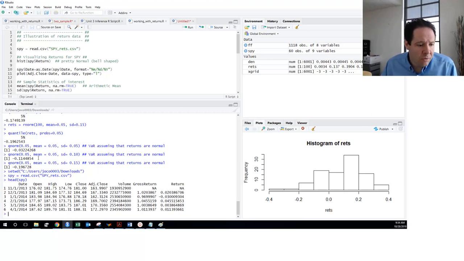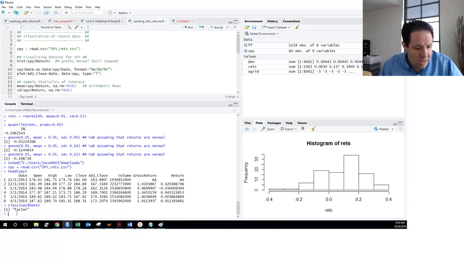Now, you'll notice the date. We look at date. That's stored as a factor. That's not going to plot very nicely. So we need to convert the date field into the right format. You can see here, it's month slash day slash 4-digit year.